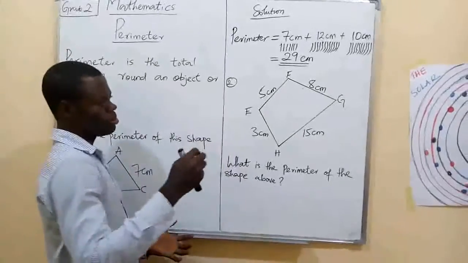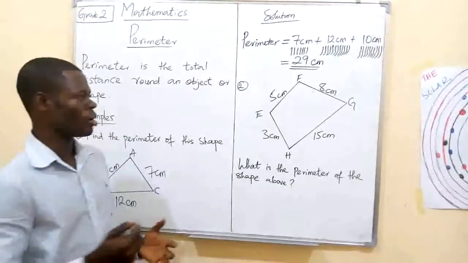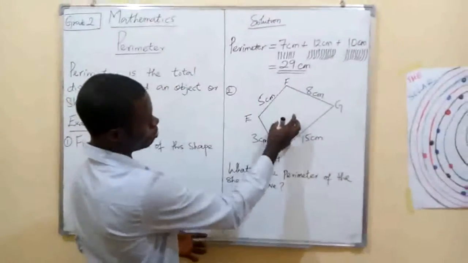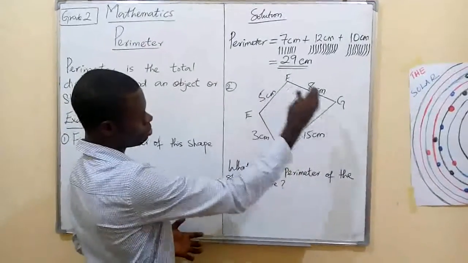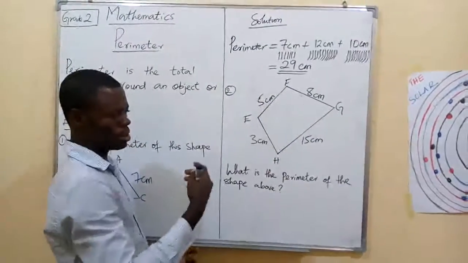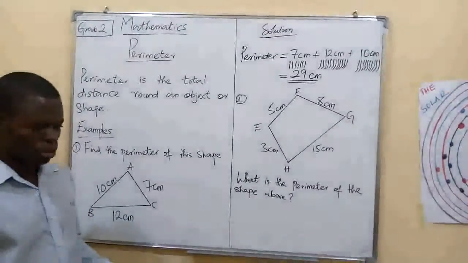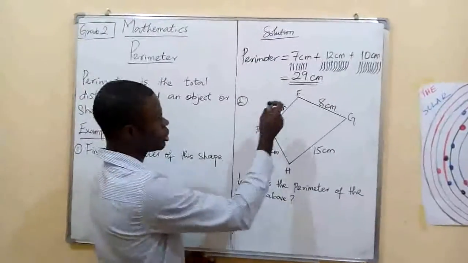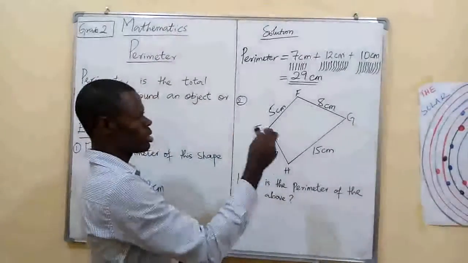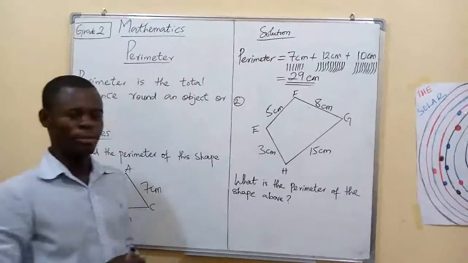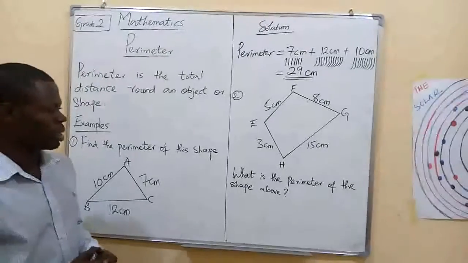So anytime you are asked for perimeter, all you need to do is look at the shape and add up the length of the sides if you are given. But if you are not given, all you need to do is get a ruler and measure the sides. When you measure, you write them down and then you add the sides together.